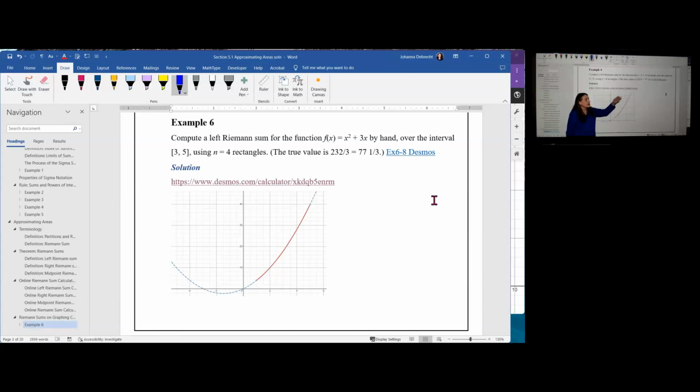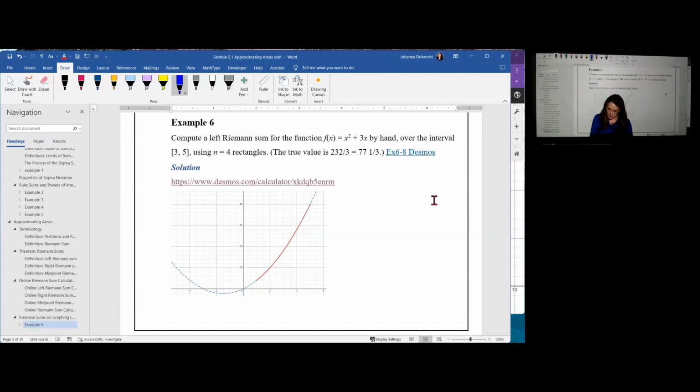In this case, I gave a link to something that will help you to find the values, and I gave you a link to the left Riemann sum of this when it's completed. Let's go ahead and talk about how to do this one, first by doing it by hand.